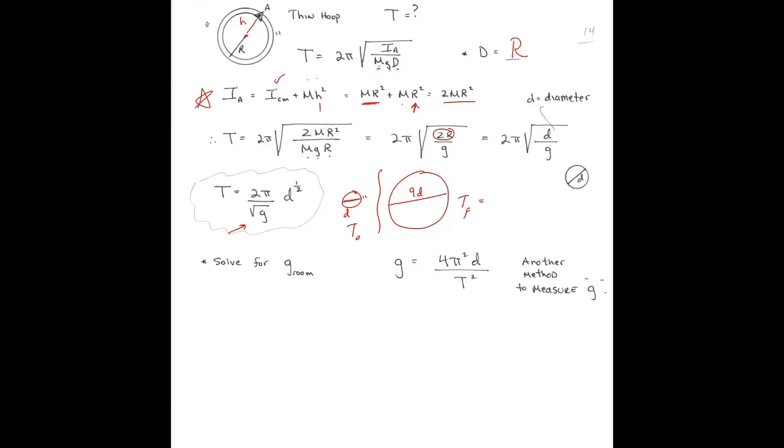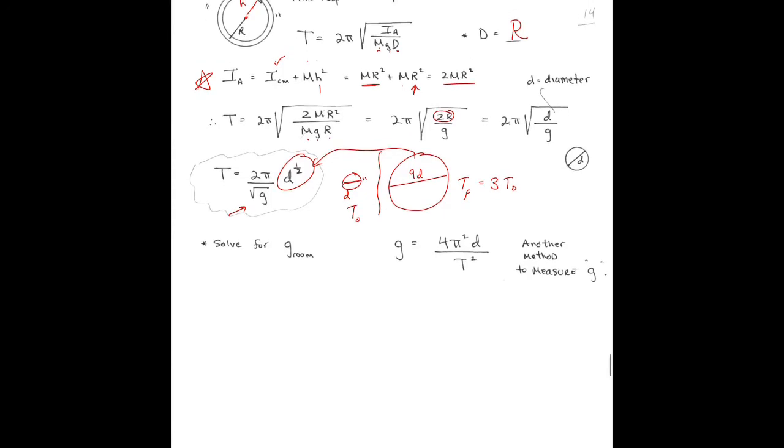The period goes as the square root of the diameter, so the period goes up by a factor of the square root of 9, which is 3. So the period triples.